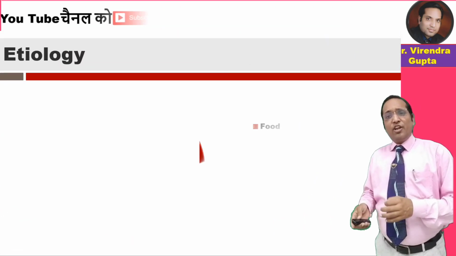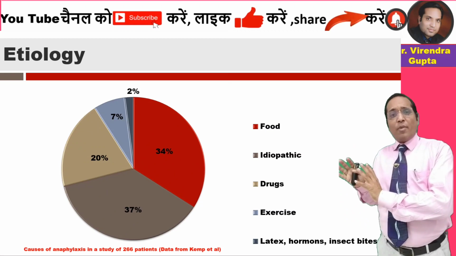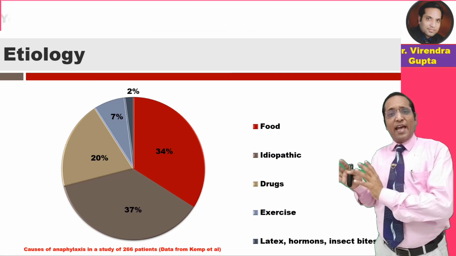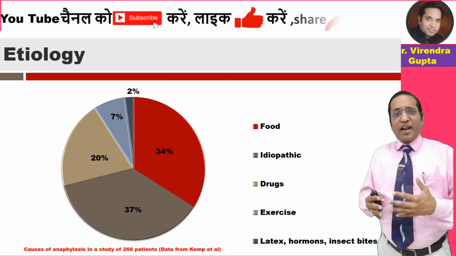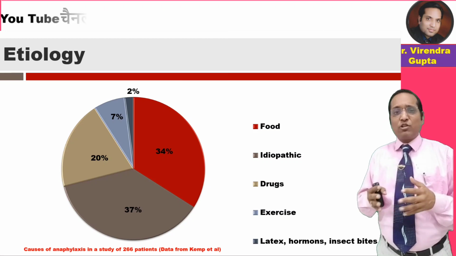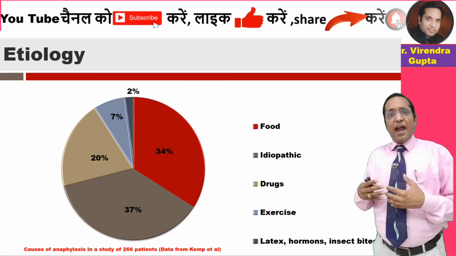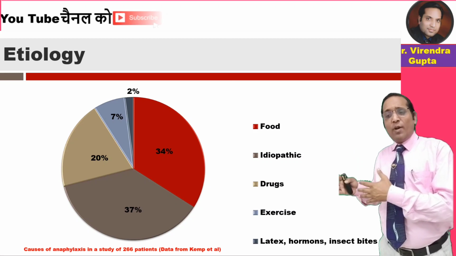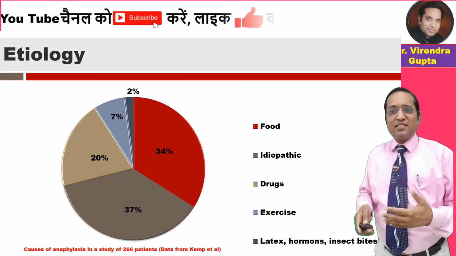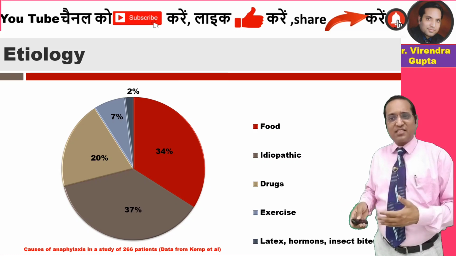So guys, etiologically the most common cause of anaphylaxis is idiopathic, followed by food allergens, with drugs second to food allergens, and exercise may also cause anaphylaxis. Very few may be caused by latex, hormones or insecticide, as 2% of the total anaphylaxis reactions.